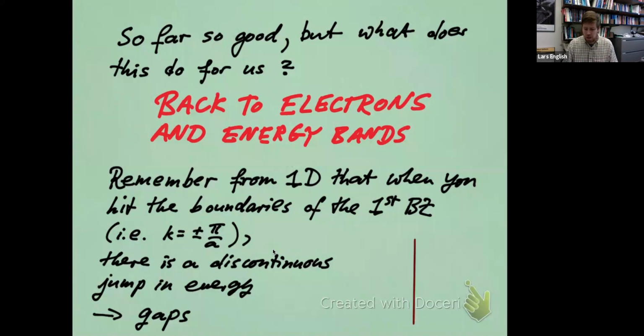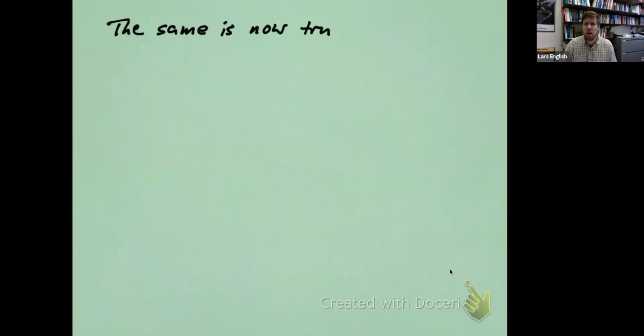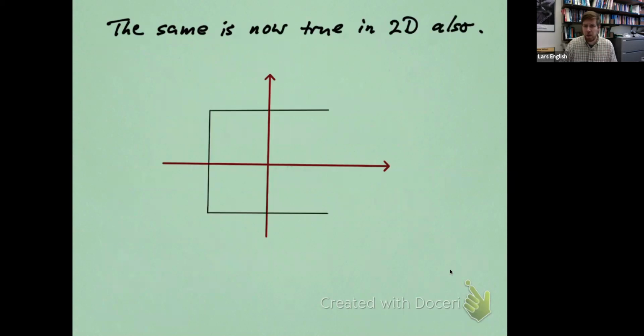Okay, and so this, right here, for instance, is what I'm talking about, right? So we have these two. This is my first Brillouin zone, and in the bulk of it, everything is copacetic, but as soon as you reach the boundary, then you get these gaps. And so that's now going to also carry over into higher dimensions.